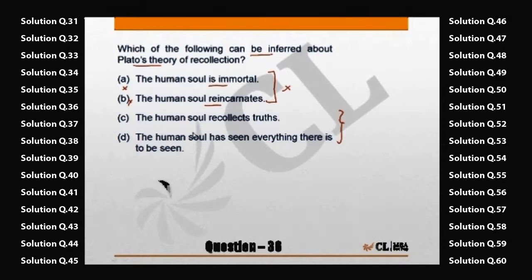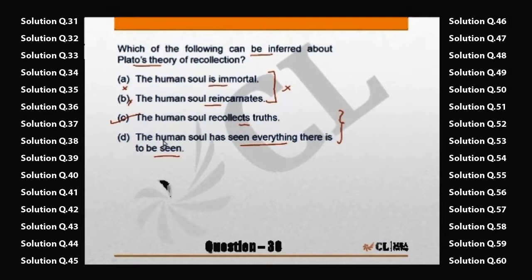So I was a little biased towards C, but in English, in VA, my standard rule is when in doubt, leave the question. I will not take chances because that is the surest way of reducing your score in English. Okay? So human soul recollects the truth is the correct answer, but in the paper I did not mark it. There is no data to support that the human soul has seen everything that is to be seen.